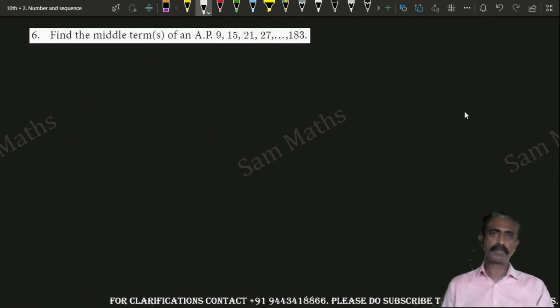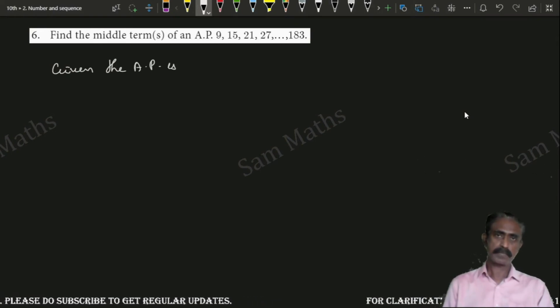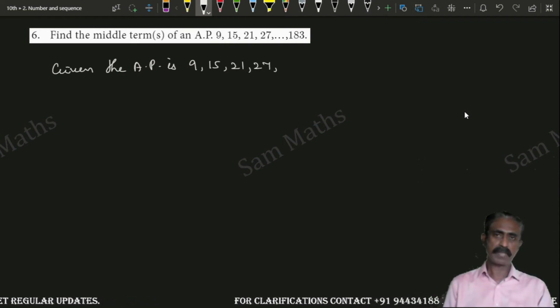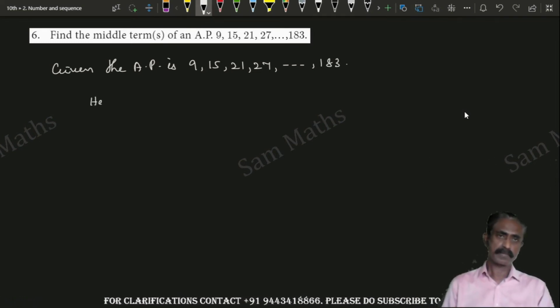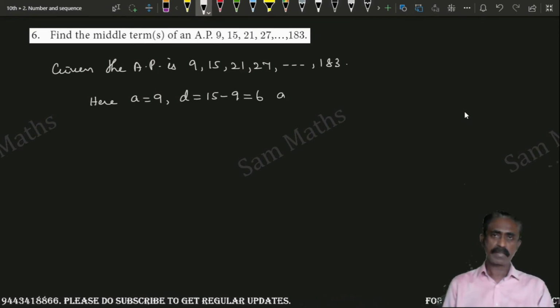Sixth question. Find the middle term or terms of an AP 9, 15, 21, etc., 183. Given the AP is 9, 15, 21, 27, etc., 183. Here A is equal to 9, D is equal to second term minus first term, 15 minus 9, that is equal to 6, and L is the last term, 183.